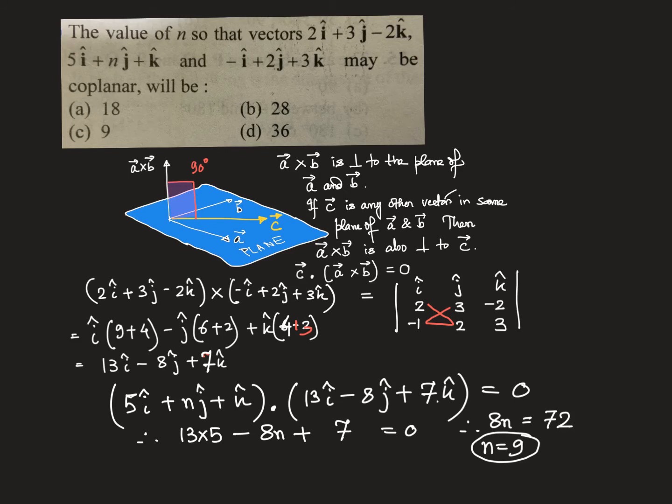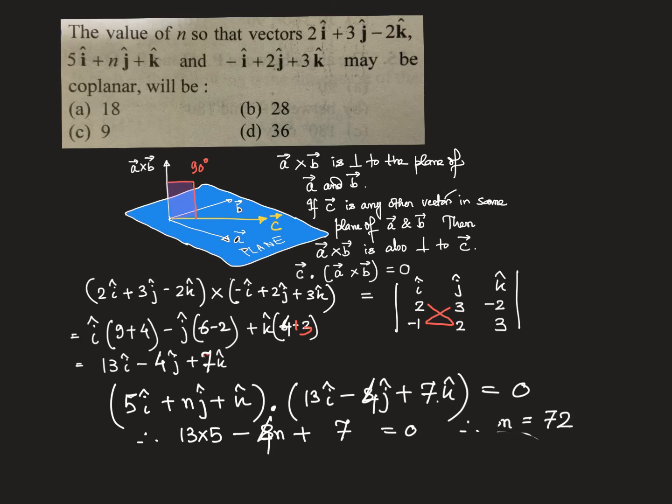Oh yes, there is a calculation mistake. In the j component, 2 into 3 minus 1 into minus 2, that means 6 minus 2, so that is 4. So this is 4, and so 4n is equal to 72.